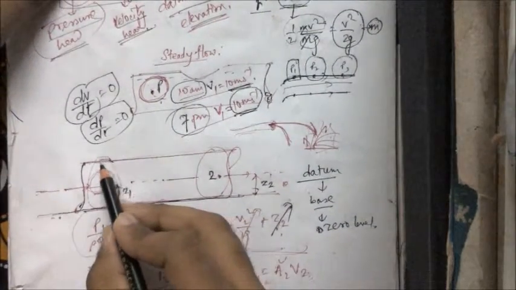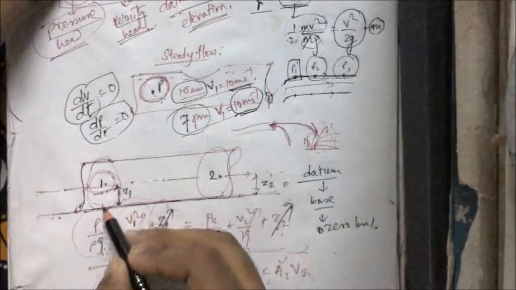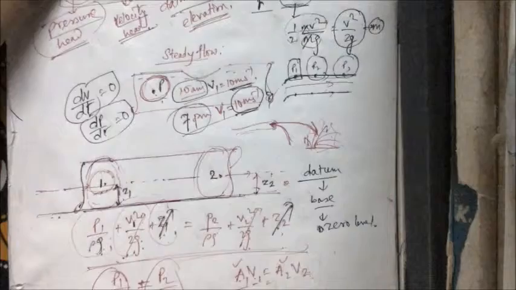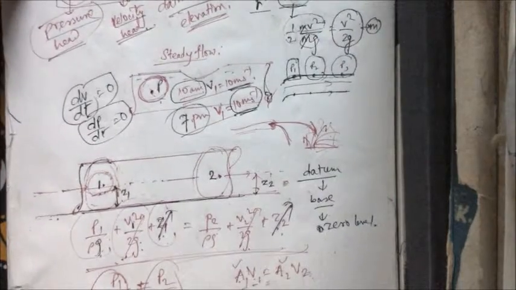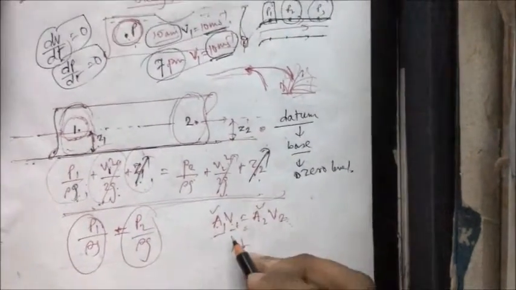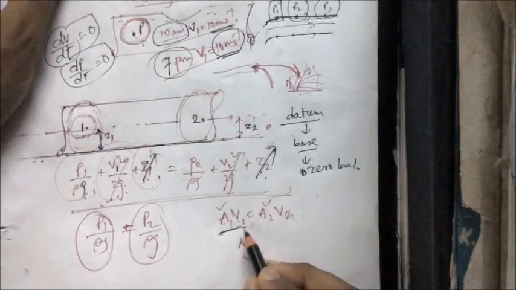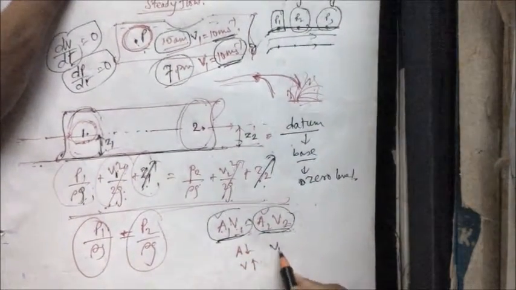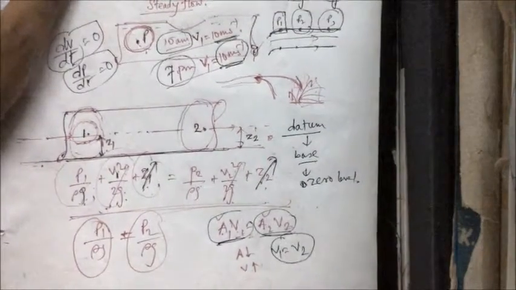Since the area of the cross section at point 1 and at point 2 is the same, the area does not change. So by continuity equation we can see that A1 V1 equals A2 V2. So V1 must be equal to V2.